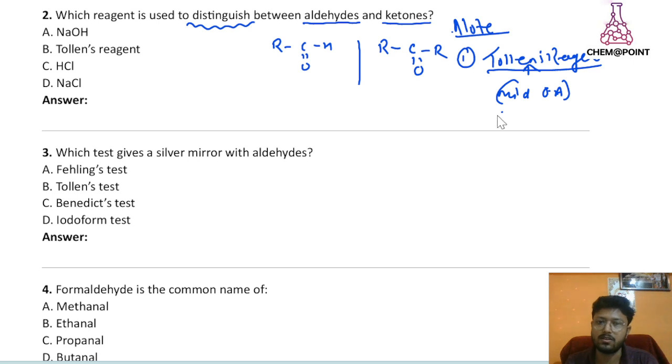It only oxidizes aldehyde, not ketones. So here option B is Tollens reagent. The option B is the correct answer. The Tollens reagent is a mild oxidizing agent, it only oxidizes aldehyde, not ketones. That's why our option is B.